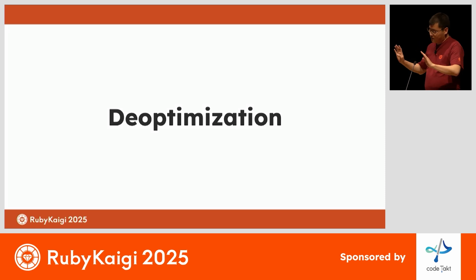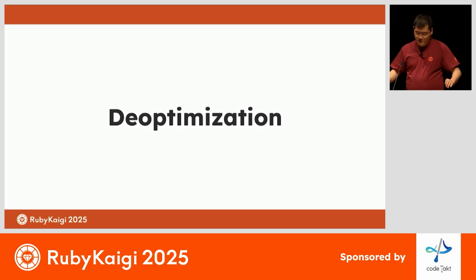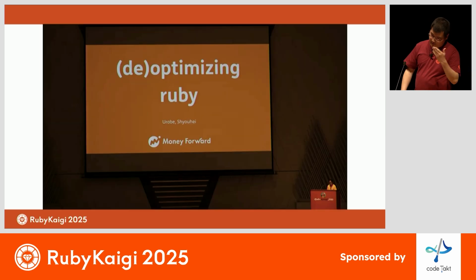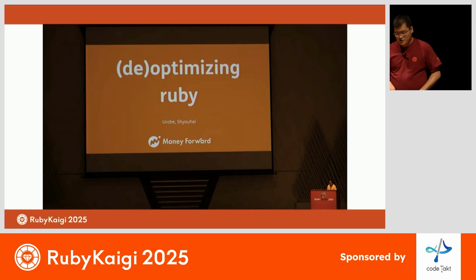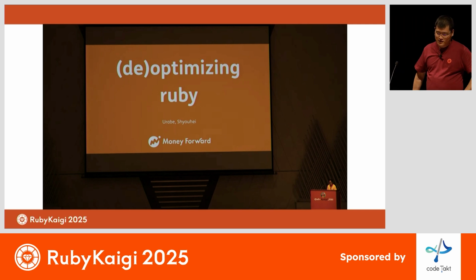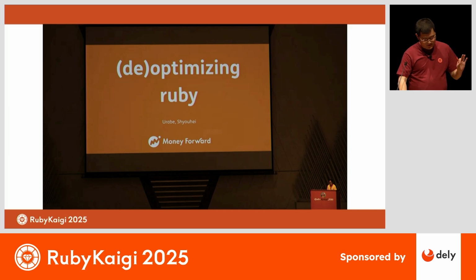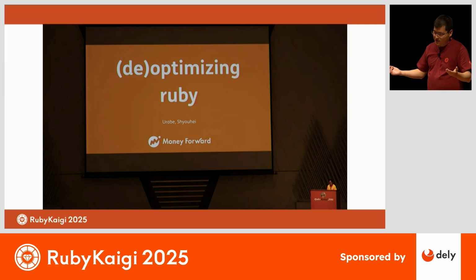So today's focus is going to be on something called Deoptimization. If you attended RubyKaigi before, you might remember the RubyKaigi 2016 talk called Deoptimizing Ruby, done by Shohei. That was about optimizing the Ruby interpreter by doing something called Deoptimization.